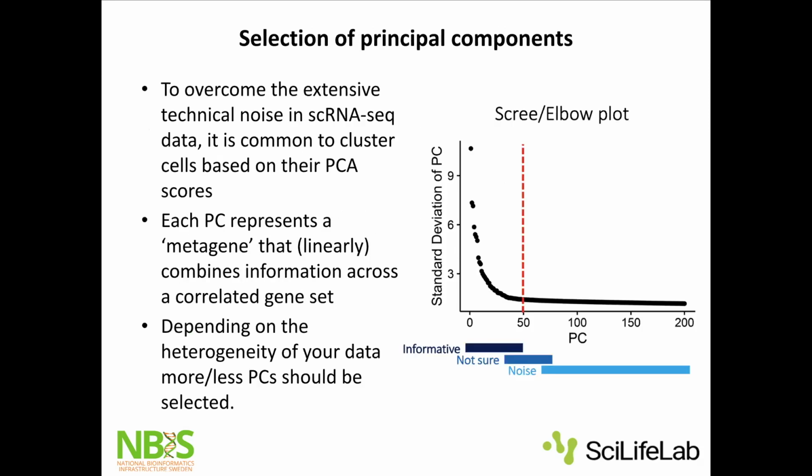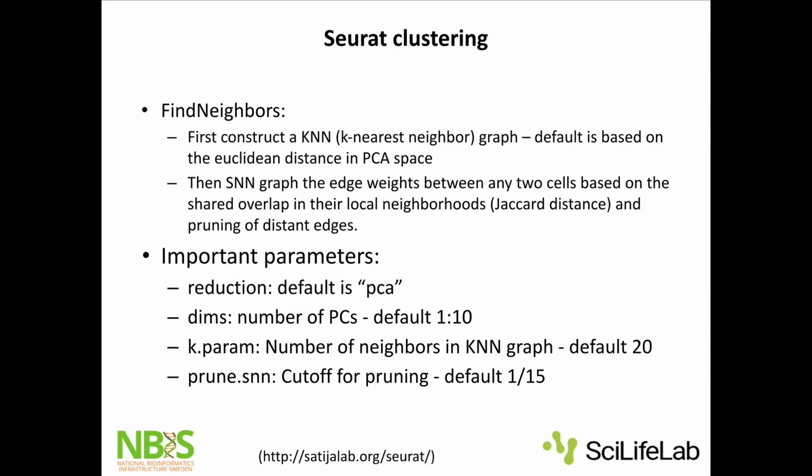And of course, there's again selecting principal components that make sense to include when you calculate this distance metric. Nikolai talked quite a lot about this, so I will skip over it and go to the more practical details. So in Seurat, we have first the function FindNeighbors.